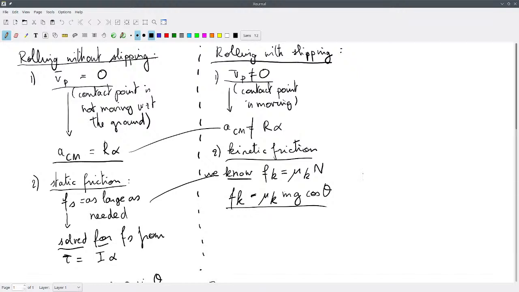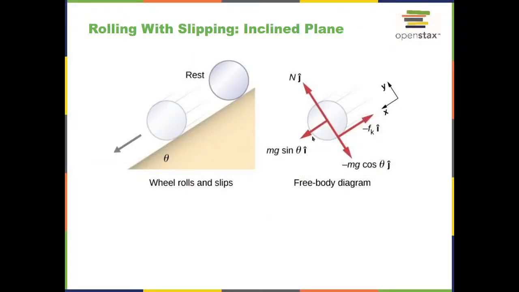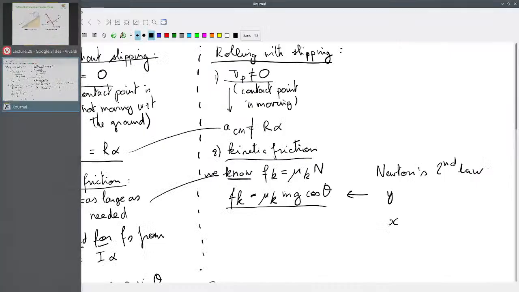So this is from our Newton's second law. This is what we get from the y component. We can write down the x component as well. If we write down the x component, we'll get that mg sine theta minus Fk will have to be the total acceleration, the linear acceleration of the center of mass down the slope.